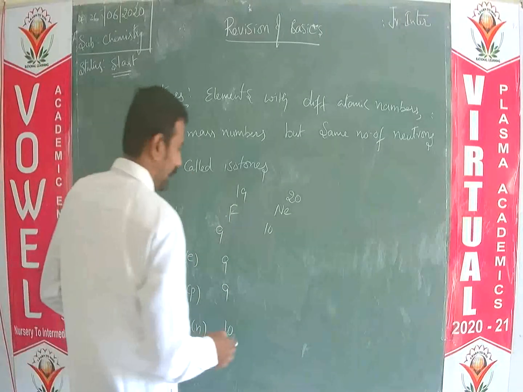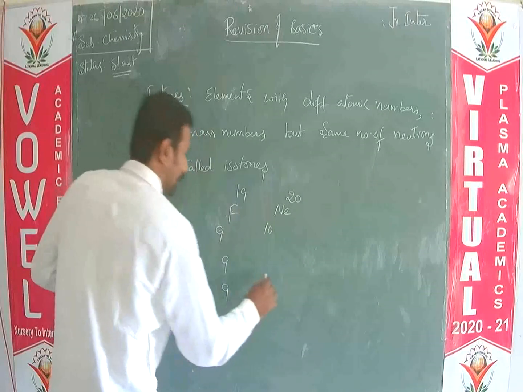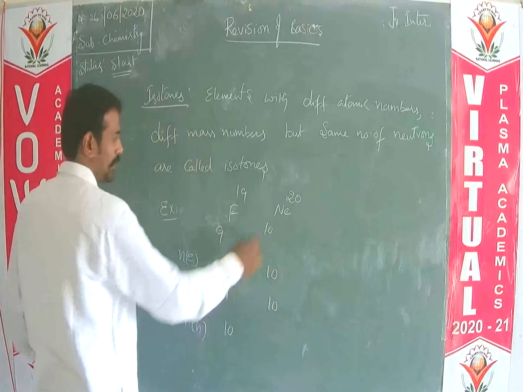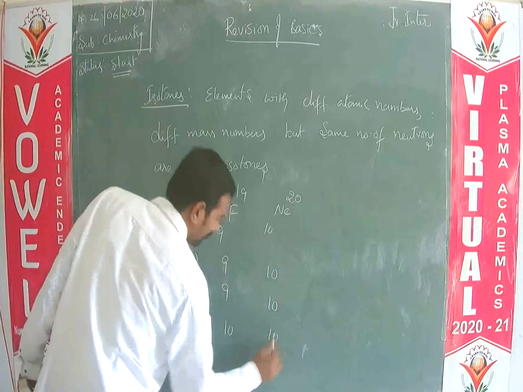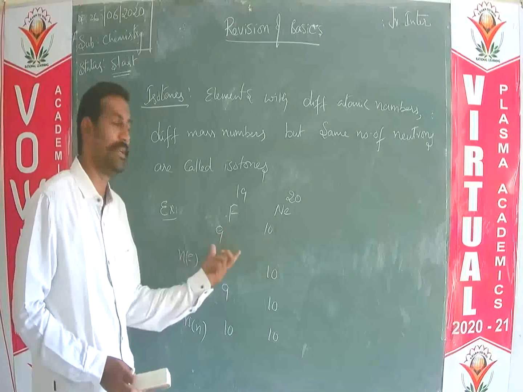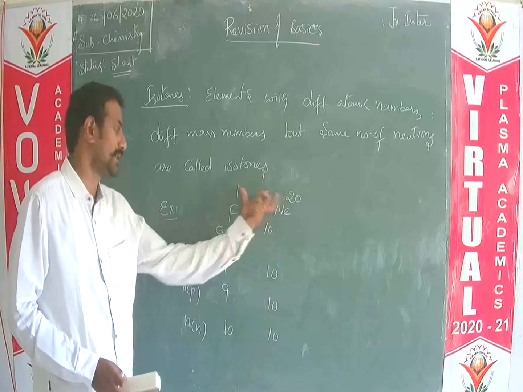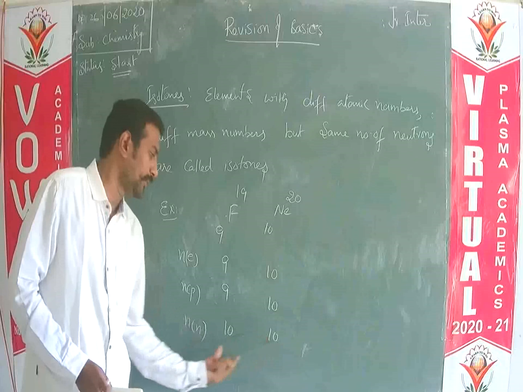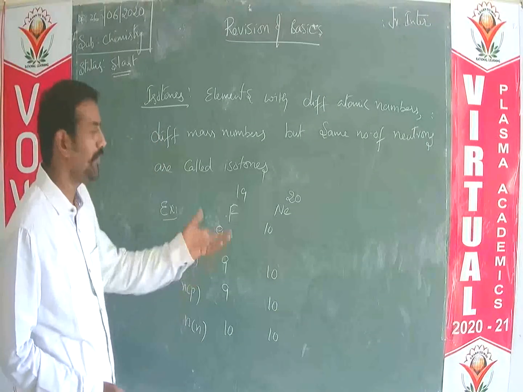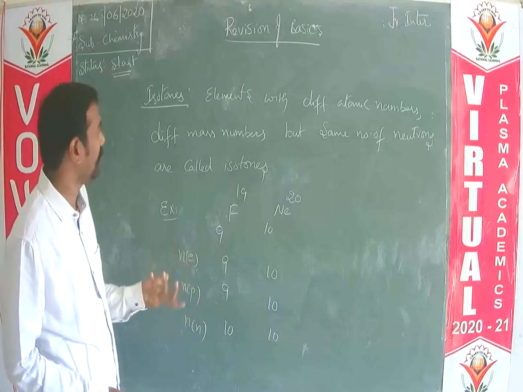For neon, number of electrons 10, number of protons 10, but the number of neutrons is 20 minus 10, again 10. So such elements which have different atomic numbers, different mass numbers, but the same number of neutrons are called isotones. Write down two more pairs of isotones.